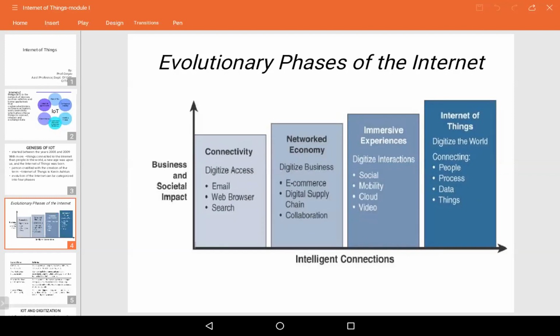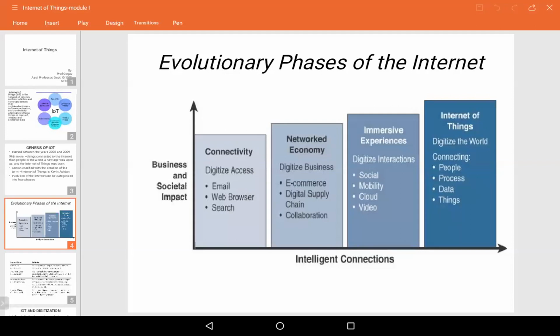So I repeat: in the first phase, the earlier 2007 and 8, the main purpose was only to access email or exchange information. Then came e-commerce and digital supply chain management.